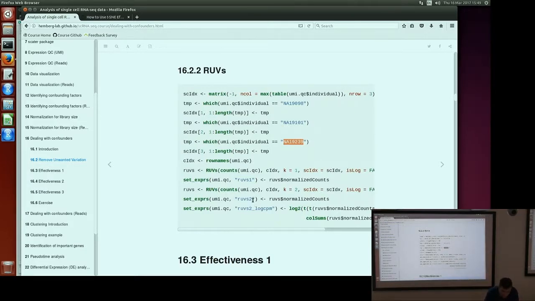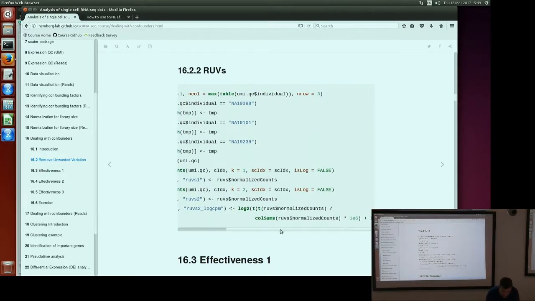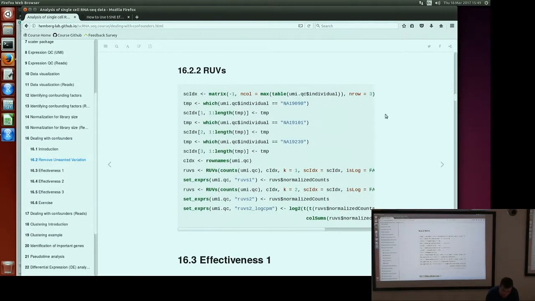So we can fit these models, this RUVS approach, with different values of K again, and similarly save the normalized count values into our SCE set object with different values of K, and we'll also define the log counts per million from these normalized counts as well, and save that so we can assess that.